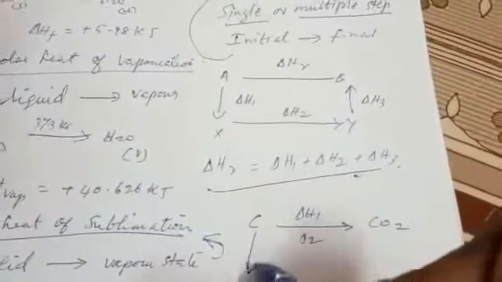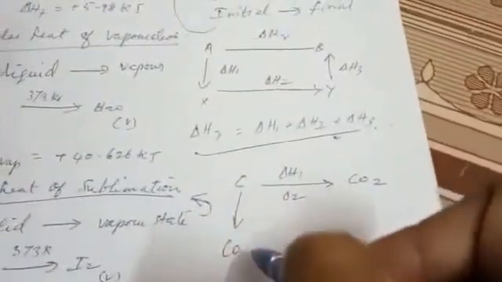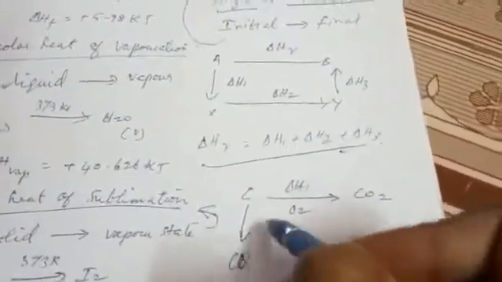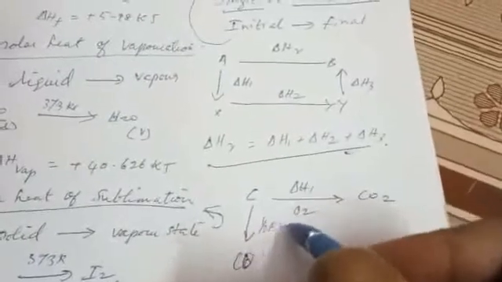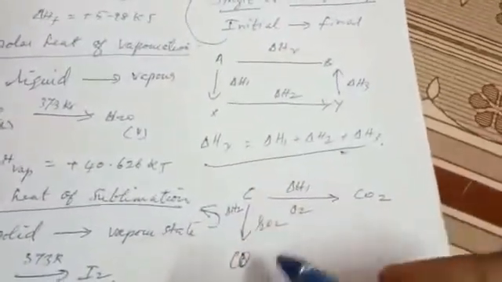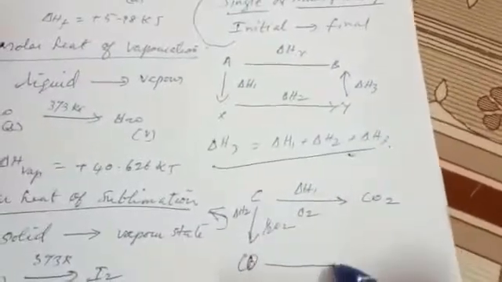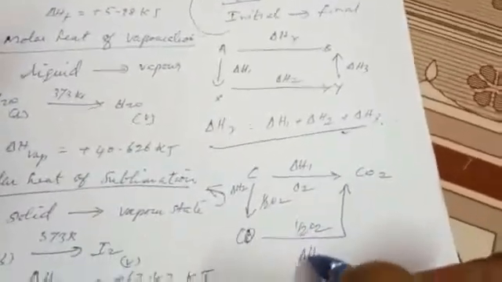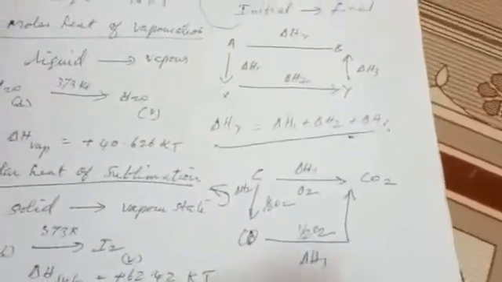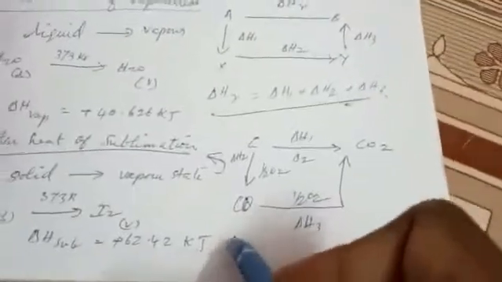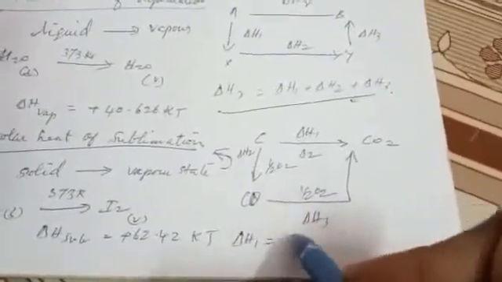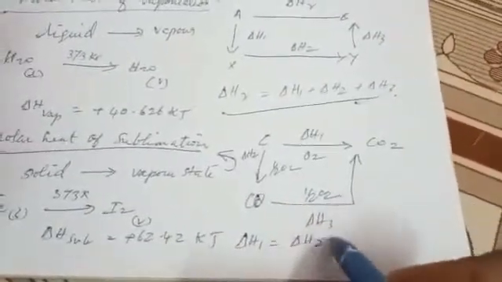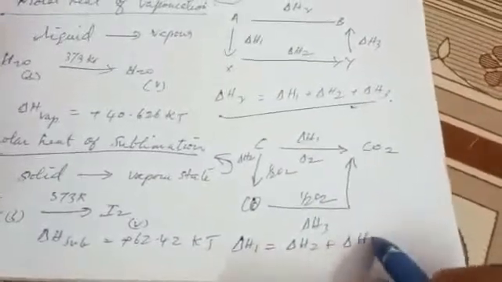Carbon gives carbon monoxide, delta H2. Carbon monoxide with O2 gives carbon dioxide, delta H3. So according to Hess's law, delta H1 equals delta H2 plus delta H3.